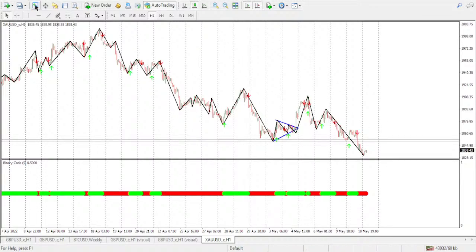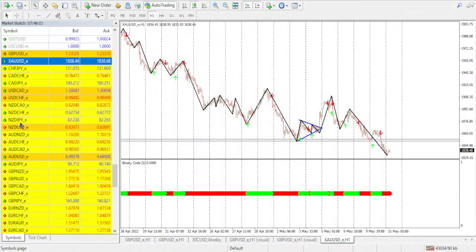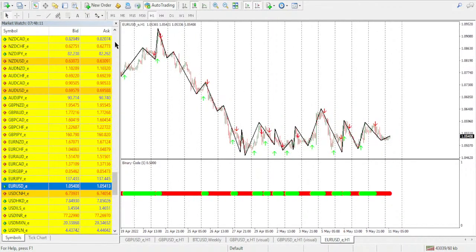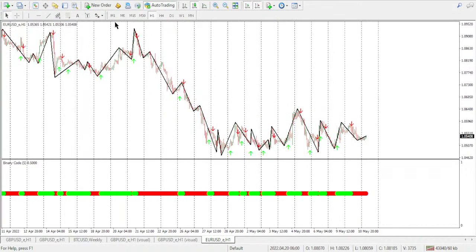So the next instrument I want us to have a look at, USD JPY or EUR USD. Have it here. This is still consolidating. We still have multiple consolidations. You can see that clearly here.